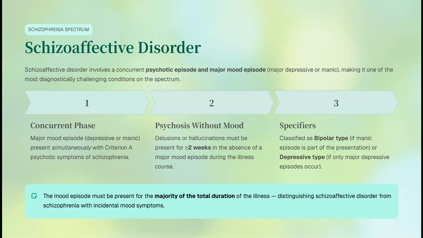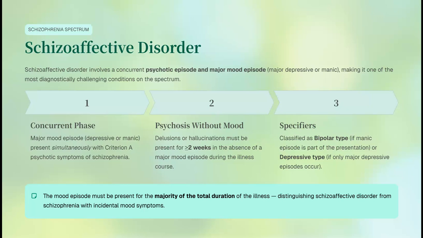Some of the key diagnostic elements: the mood episode, which is depression or manic, must occur at the same time as the psychotic symptoms. This is what makes it different from schizophrenia alone. Psychosis without mood, patients must also have psychotic symptoms.